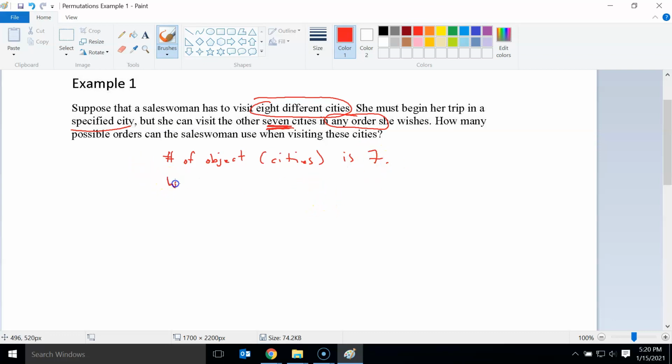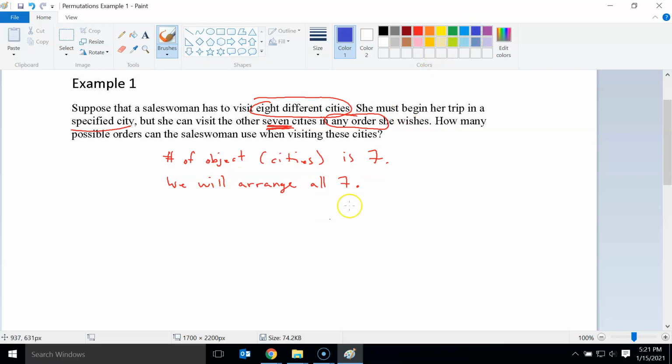And we are going to arrange all 7 of these cities. We're not actually going to list out every city and arrange them all out, but the idea is that all 7 of the cities can be arranged in one way or another.